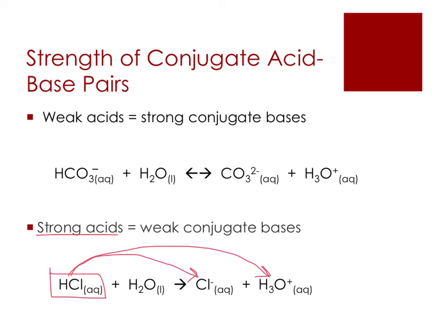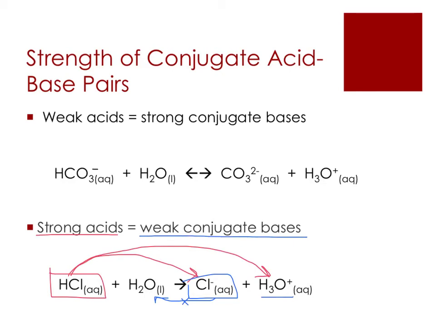This means that its conjugate base, Cl-, will not be able to cause any reverse reaction to occur. It will not be able to attract an H plus from H3O+ to form H2O and HCl. This means that Cl- is a very weak conjugate base. So generally, strong acids have weak conjugate bases.